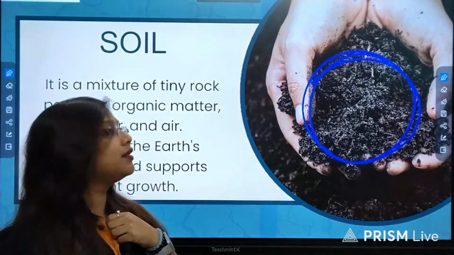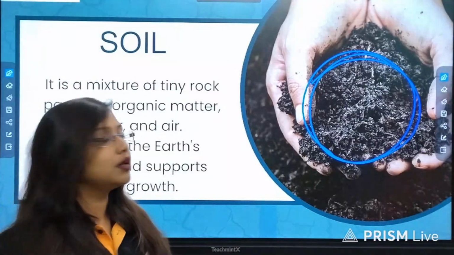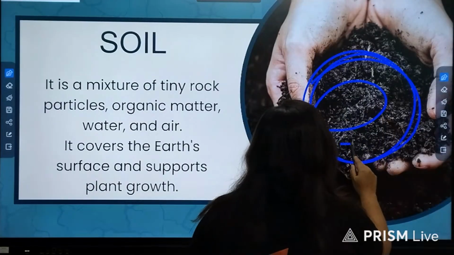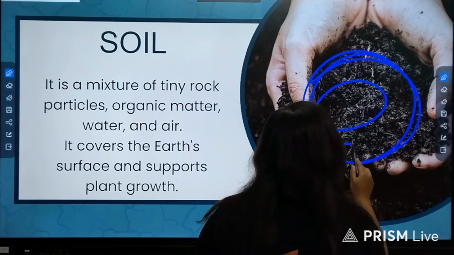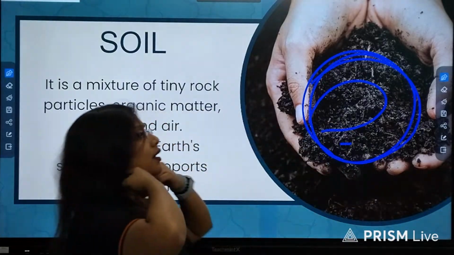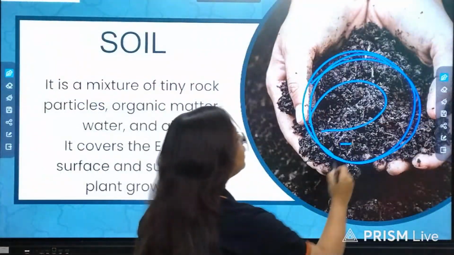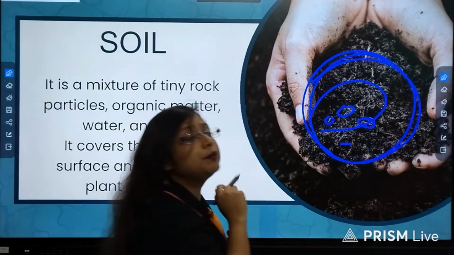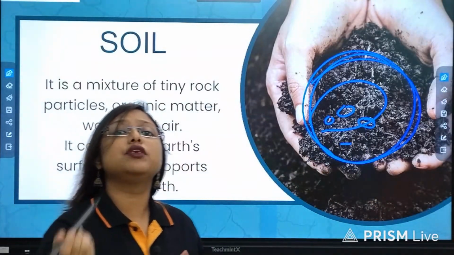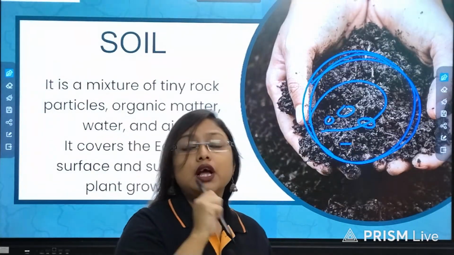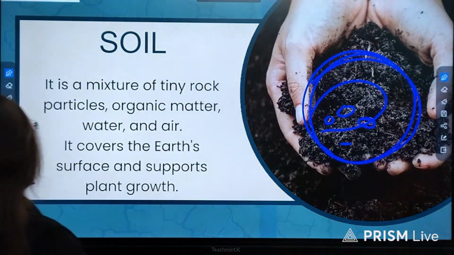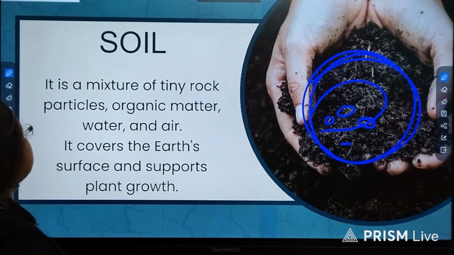We can see this thing around us. This is a particular kind of soil, where you can see little particles, and also small roots of some plants, because the plant is actually rooted in the soil. That's where the roots are coming from.